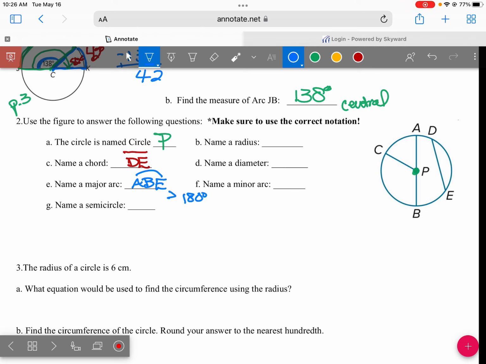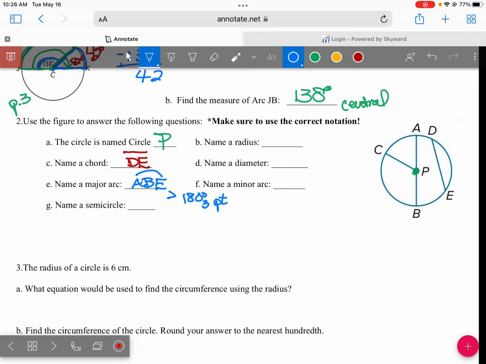What about BCA? So you need 3 points to describe this. BCA would not be a major arc. What would BCA be?